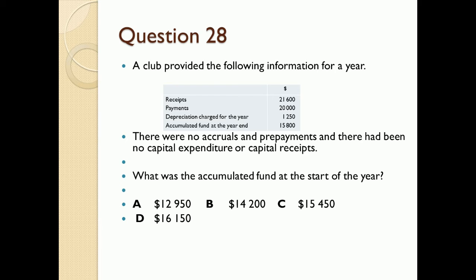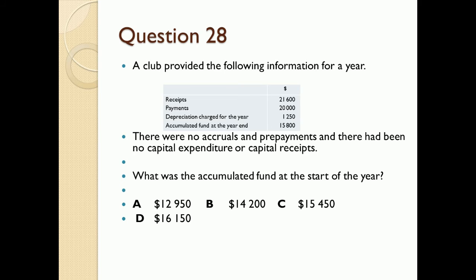So boys, next there is no capital expenditure or capital receipts. Meaning all the receipts are purely revenue receipts, they reflect your incomes, and all the payments show your expenses for the year.